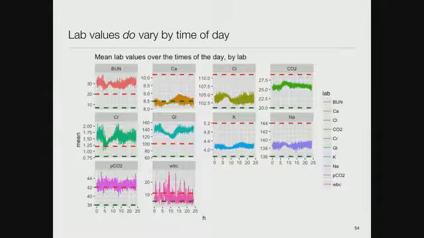On the other hand, if you look at a panel of different drugs, you look at mean values of blood urea nitrogen or calcium chloride, CO2, et cetera, you see that there is variation across time. So there is some sort of variance that's either caused by the diurnal physiology of the human body or by the routine practice of medicine about when people choose to take lab measurements.